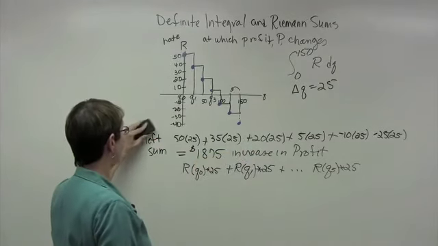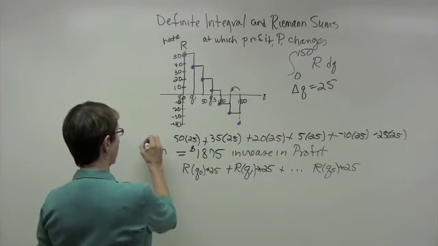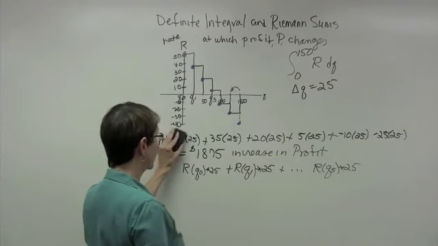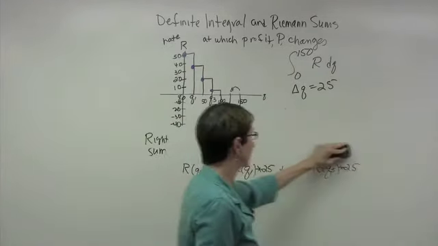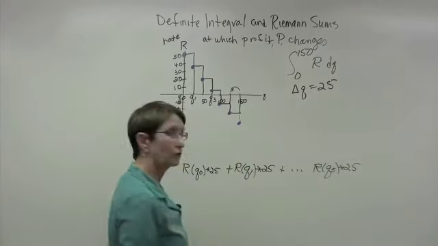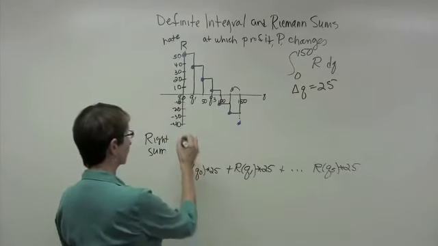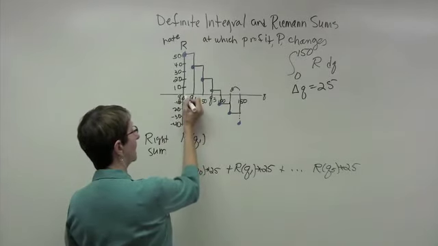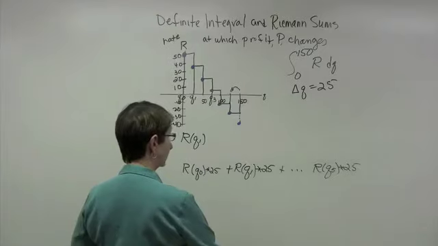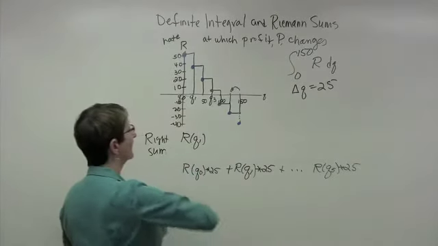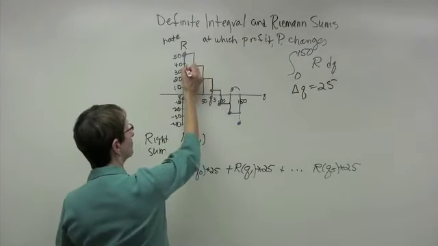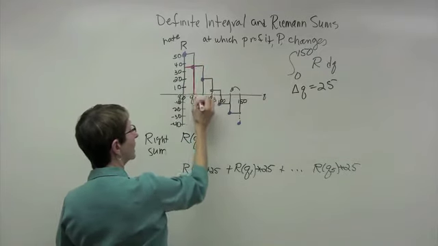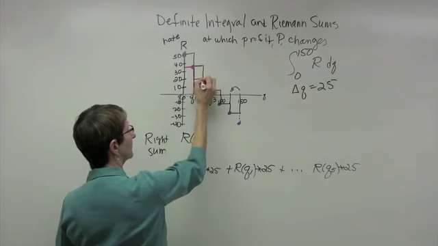If I switch to do a right sum, then my numbers are going to change. I'll still have an increase in profit, but I'll do the values on the right-hand side. And so I'll start at R of Q1 because that will be on the right-hand endpoint. So this time, if I do right-hand sums, my height will be here. And then on the right-hand side, my height will be here for that interval.